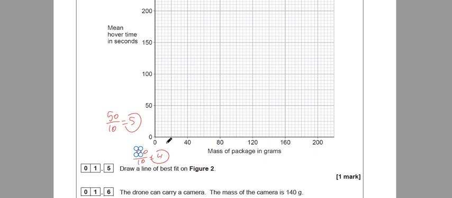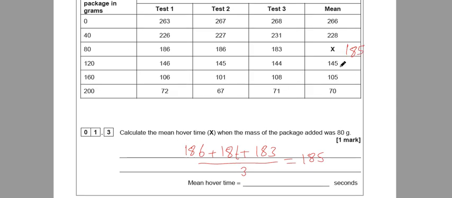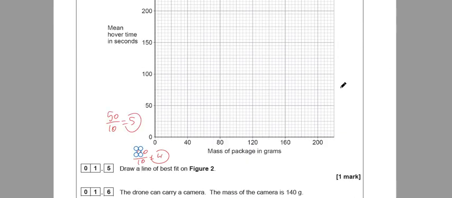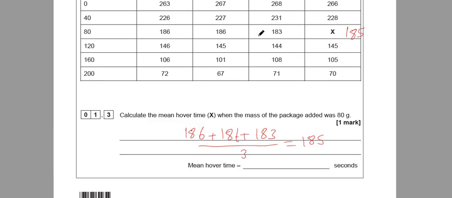Okay, so if we need to plot the point 80 with 185, it would be here, with a small square just before 200. We can keep on to plot the other 3 points.